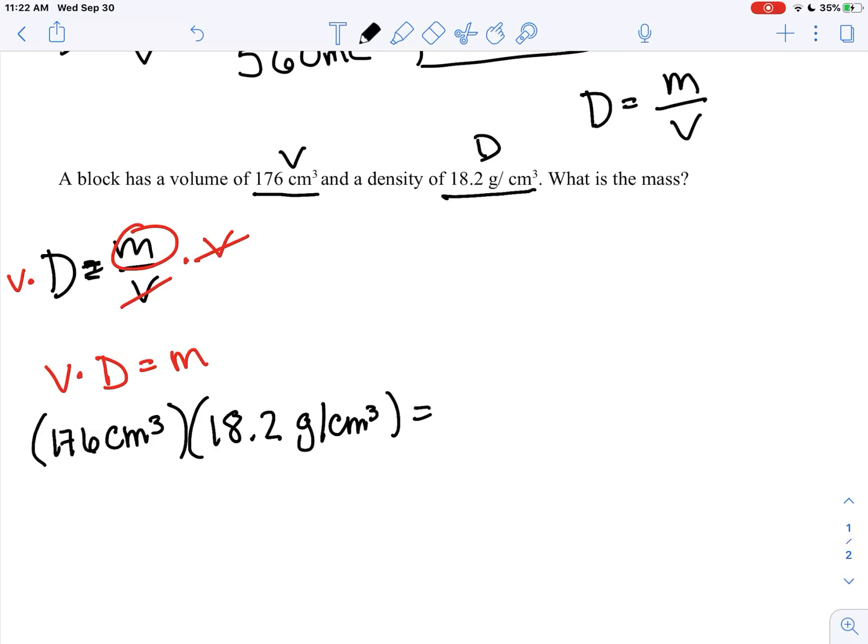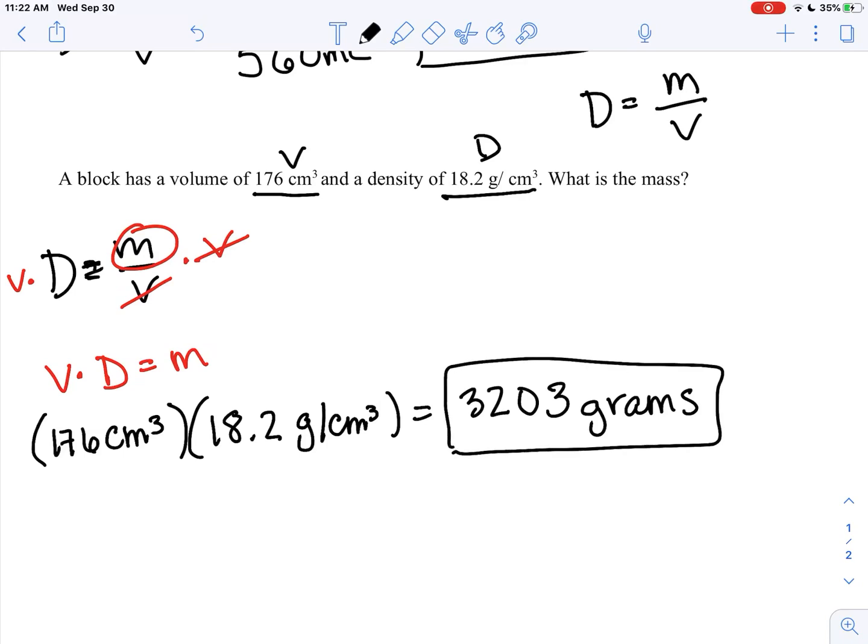And we multiply. And you end up with that. And those are our density problems.